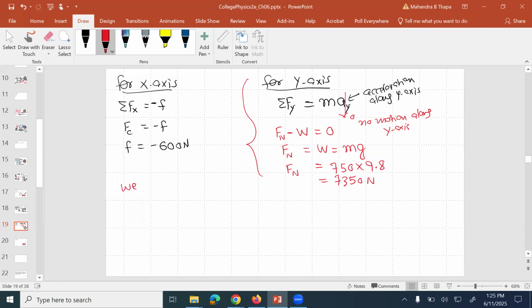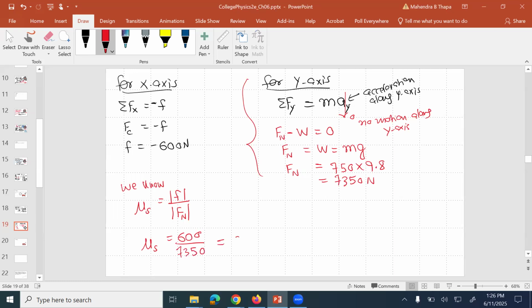So we know the coefficient of static friction equals friction force over the normal force. So I will substitute those numbers. This will be 600 over 7,350.